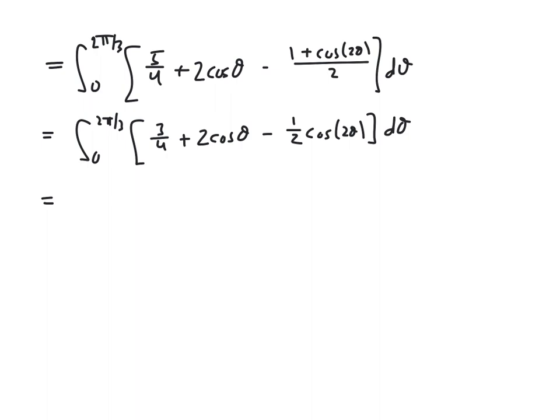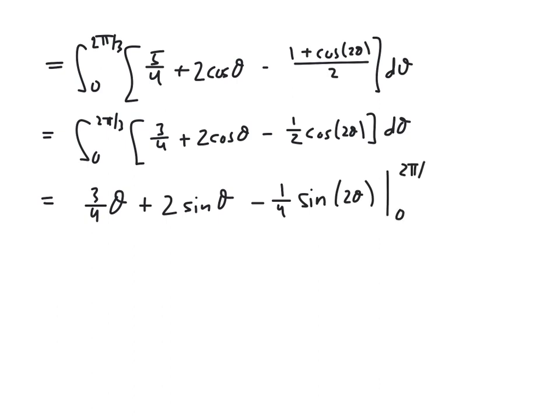Our antiderivative is 3/4 theta plus 2 sine theta minus 1/4 sine of 2 theta, and we want to evaluate this from 0 to 2 pi over 3.